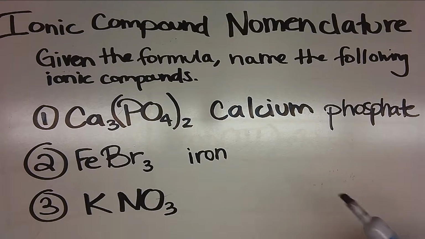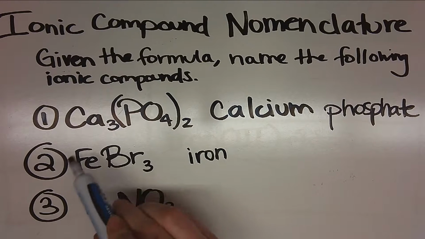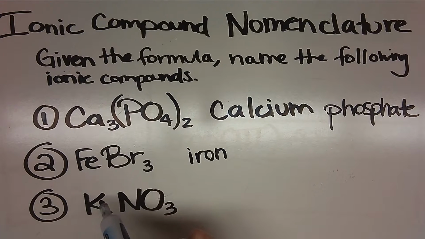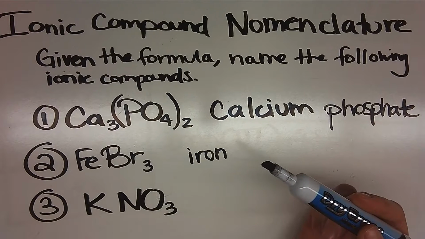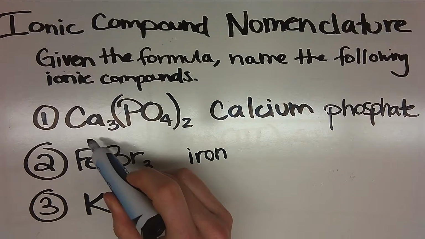One way of doing that is just looking at your compound. I know that this compound was formed between a cation, so an iron ion, and a bromide, or a bromine with a -1 charge. So if I want to figure out what the charge was of iron in the beginning, I can do a reverse crisscross.